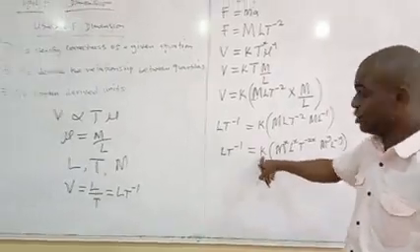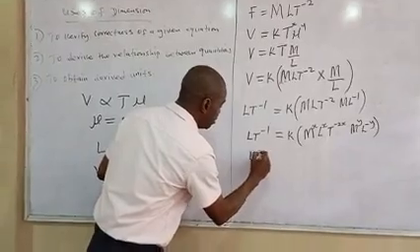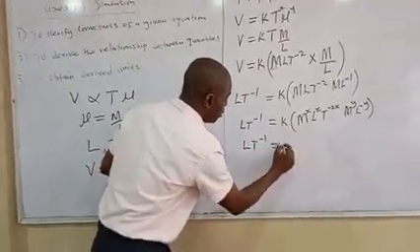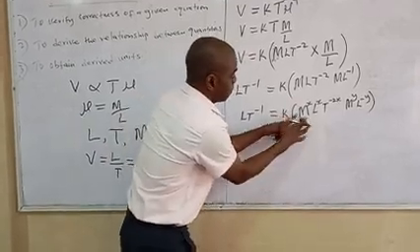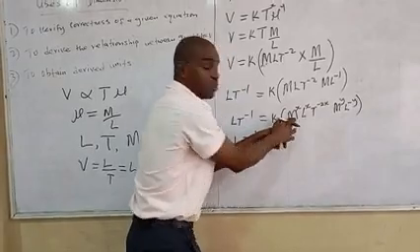It doesn't have dimension. So we come down here, we have LT^-1 equals 1, taking note of the law of indices.